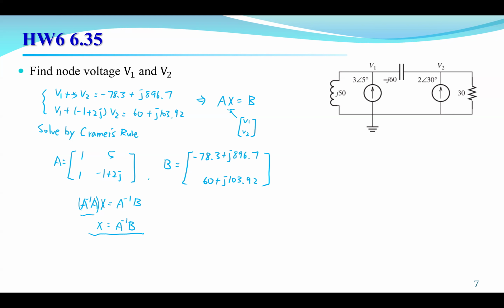So I'm not sure if your calculator can work on this, so try your calculator. If your calculator can work on this, then it saves you a lot of trouble during the calculation.